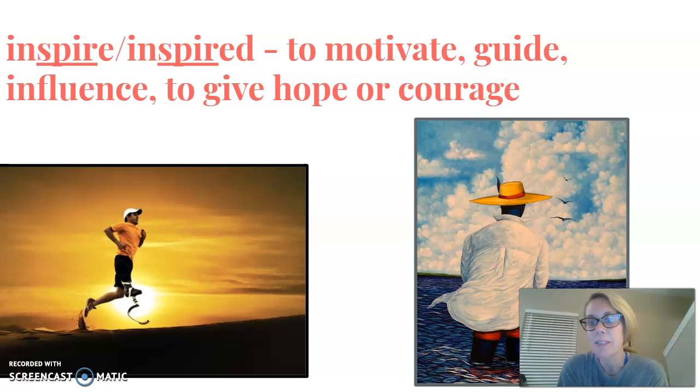Like a lot of times I look over at Miss Sullivan when we were in the classroom and I see her doing something to inspire the students, which inspires me. Sometimes we watch musicians or athletes or artists that are really awesome and we want to be like them. They are inspiring. They're doing really great things. They're making a lot of money. They're awesome. So inspire means to motivate, to guide, influence, or to give hope or courage.